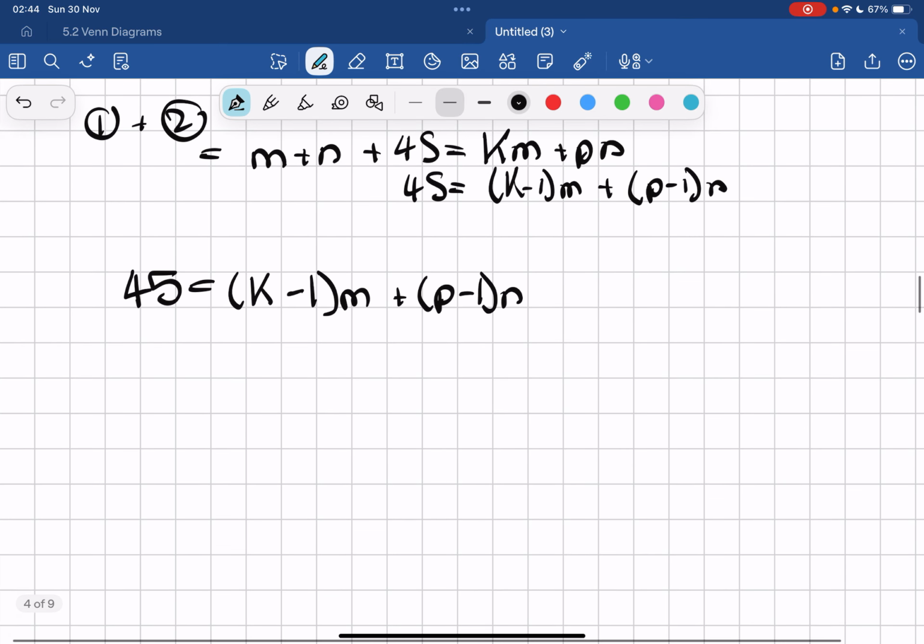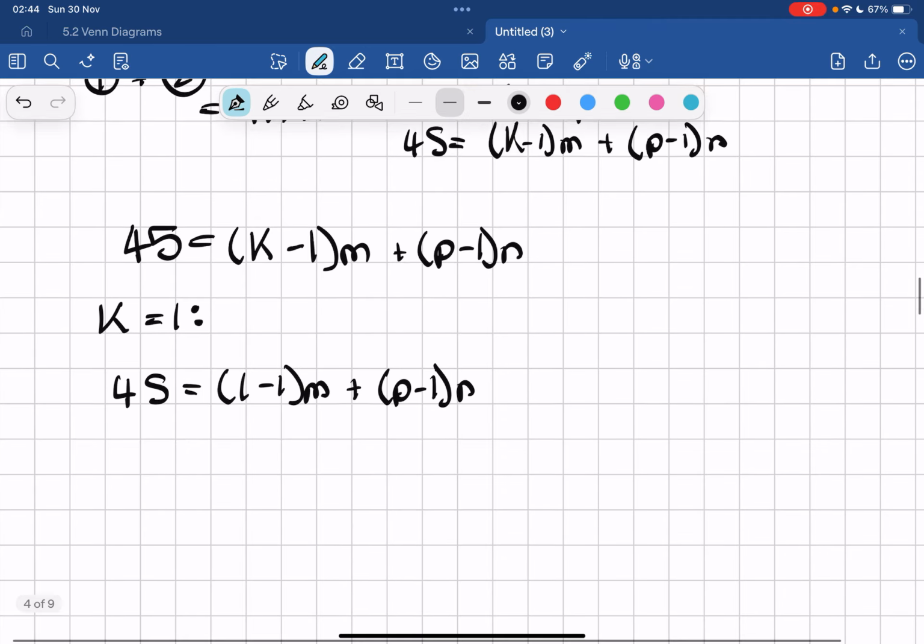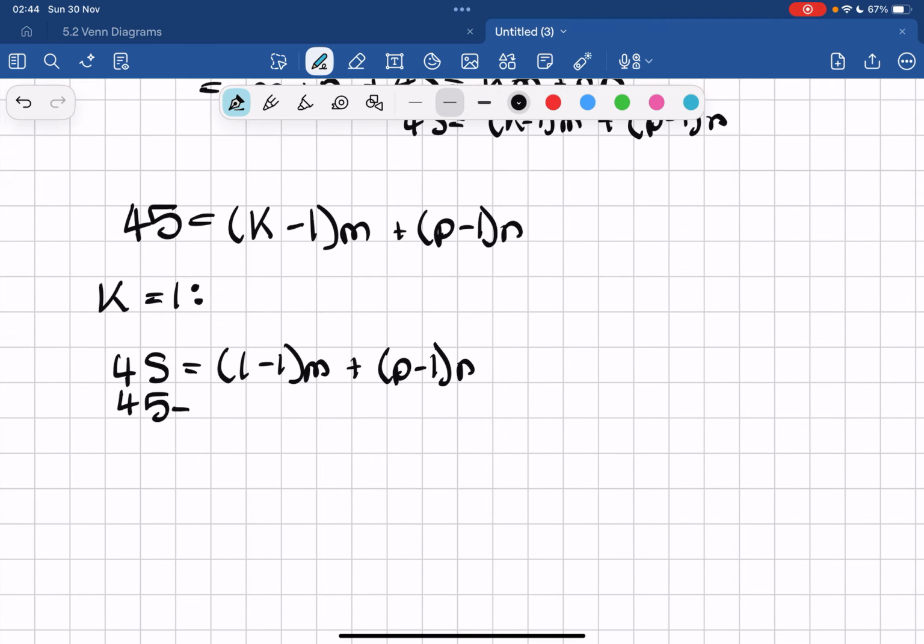The way we do this is by making k equal 1. So we're left with 45 equals 1 minus 1 m plus p minus 1 n, so 45 equals p minus 1 n.